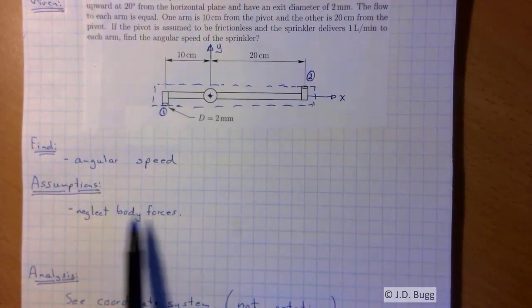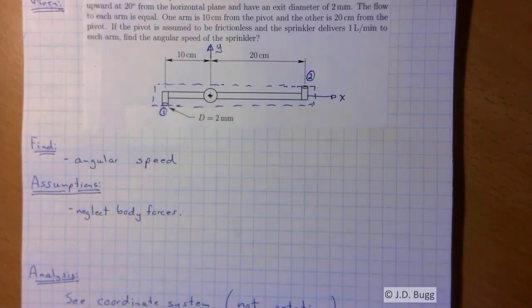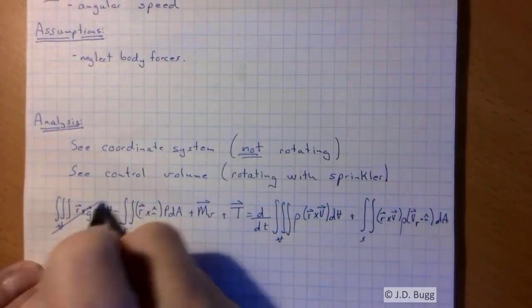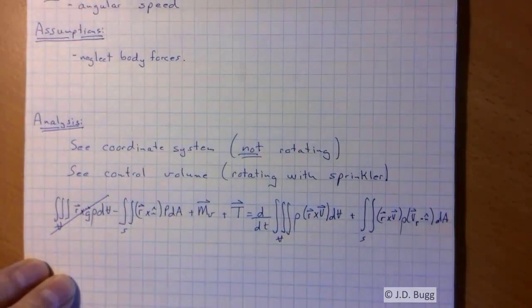But the reason we'll be able to neglect this is because of the direction that it's occurring in. So that's really exactly the same thing as in a linear momentum problem. If you remember our rocket sled problem or our rocket on rails problem, we ignored the weight because it's not in the direction that we're interested in working. So same idea here. So neglect body forces. So we go back and we can cross that term off.